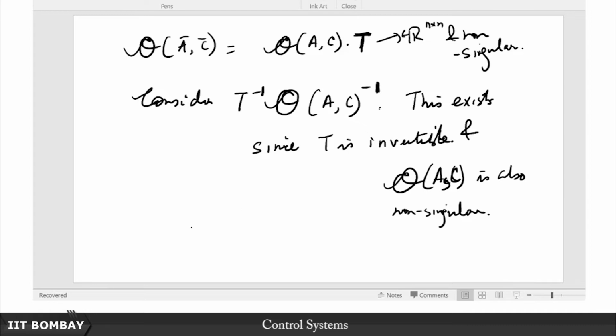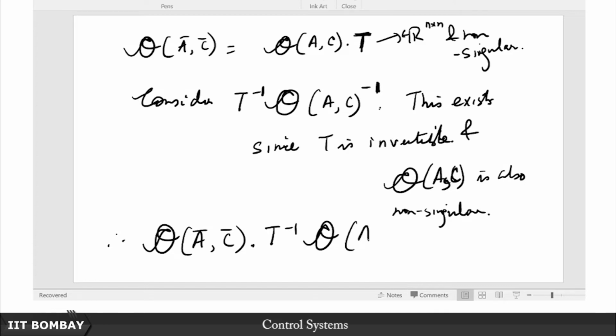So therefore this exists. Therefore O in terms of the bar representation, the similarity transformation, times T inverse times O of AC inverse is going to be what? I am going to replace this from here.